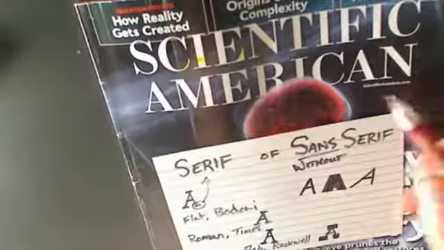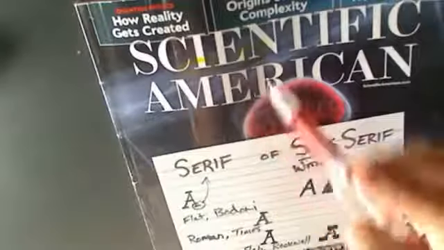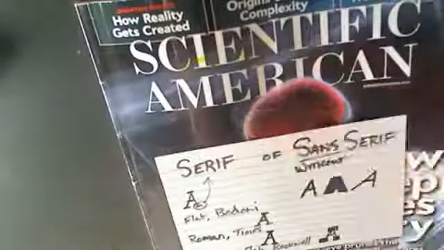I have a magazine here, and you can look at some different things. So here we're looking at the Scientific American typeface, and I've already circled some things in yellow here.